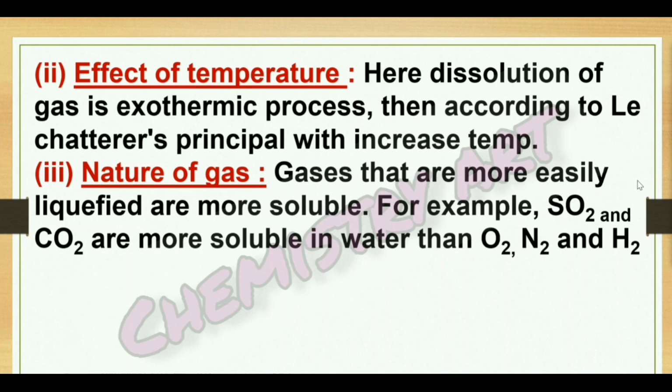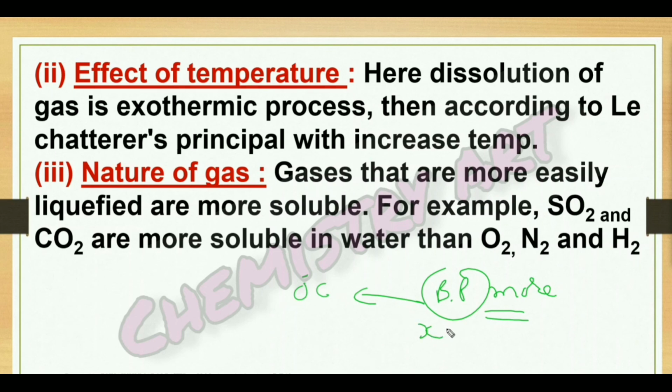The gases which have, let me write here, a higher boiling point. If the boiling point is higher, the gas will liquefy very easily. For example, any gas whose boiling point is 0 degrees Celsius, and another gas, for example, I am giving example X.